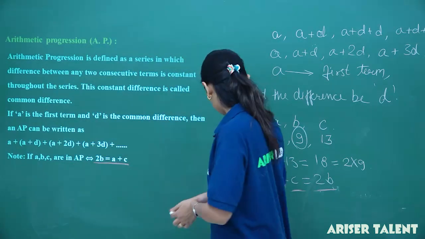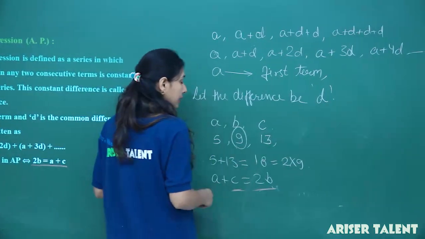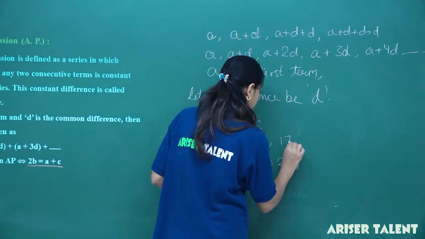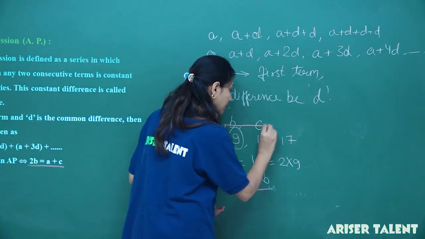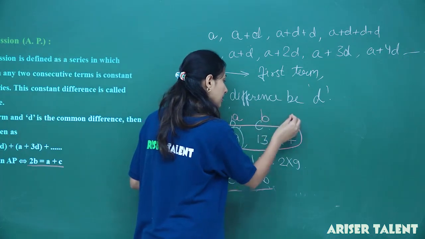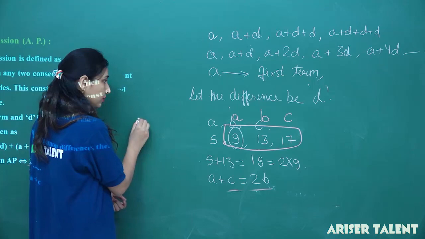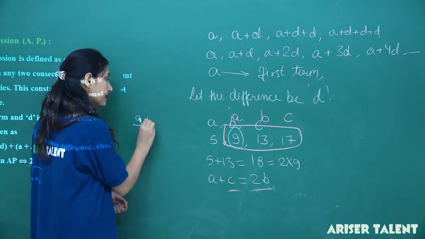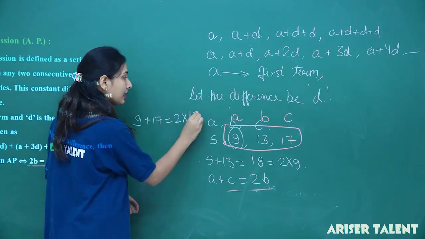Okay students, let's do another example. Let's take the progression 9, 13, 17. Now I am taking these 3 terms. So here A will be 9, B will be 13 and C will be 17. Now what will I do? 9 plus 17 should equal 2 multiplied by 13.